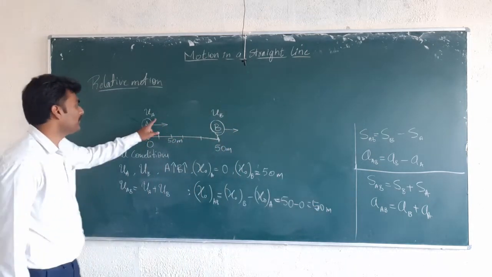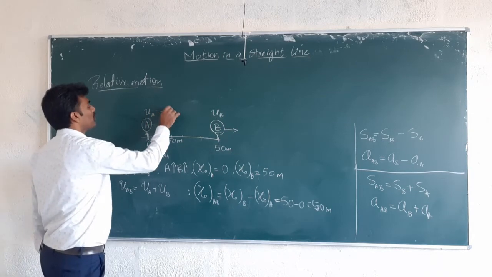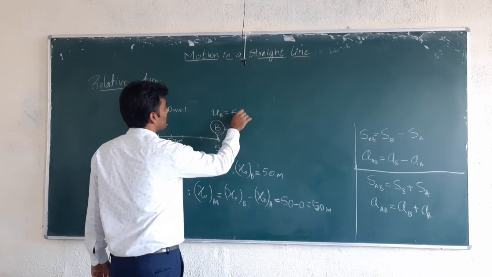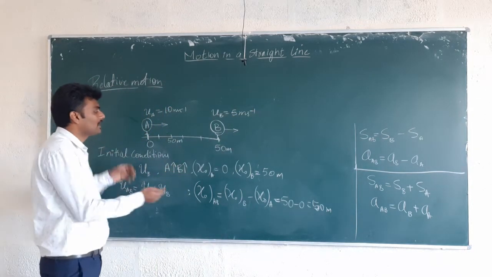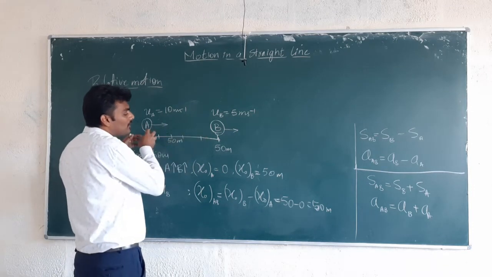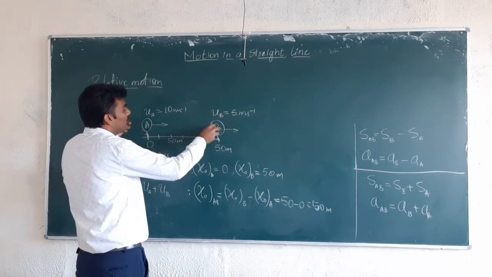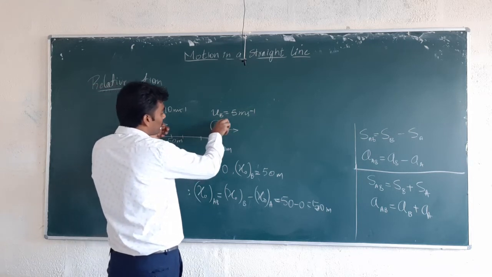I can even give values to UA and UB. Let us consider UA is equal to 10 meter per second and UB is equal to 5 meter per second. Okay, which means this is the condition where body B is 50 meter ahead of body A, and body A is moving with 10 meter per second, body B is moving with 5 meter per second.